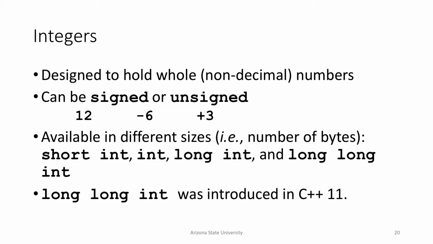And then what you'll need to figure out is, what is the smallest data type of these that I could use? Do I need a long int, or can I get away with a short int? So being able to think, well, how much data do I really need to solve this problem is actually pretty important here. So remember, integers hold whole numbers.